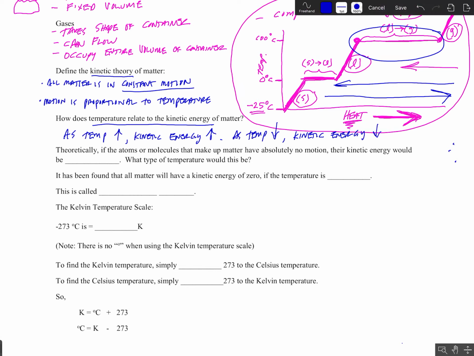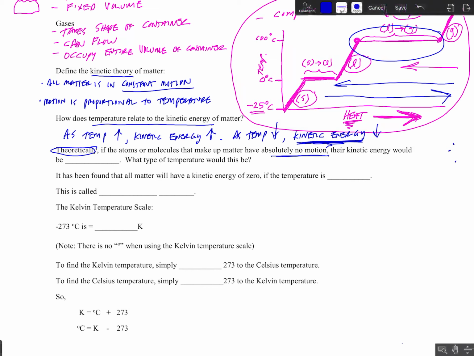Now, if you think about that, if temperature gets colder and colder and colder, won't the kinetic energy or the amount of movement in that matter get smaller and smaller and smaller? It moves less and less and less. So we're eventually going to get to a temperature, theoretically, that is, where the molecules or atoms that make up matter would have absolutely no motion at all.